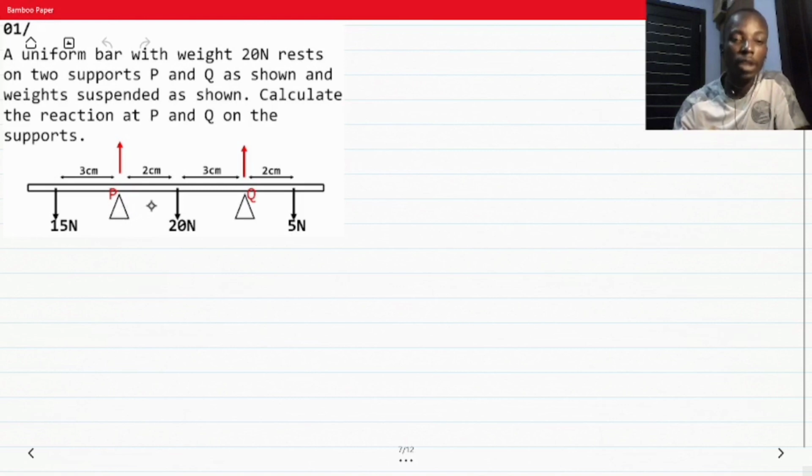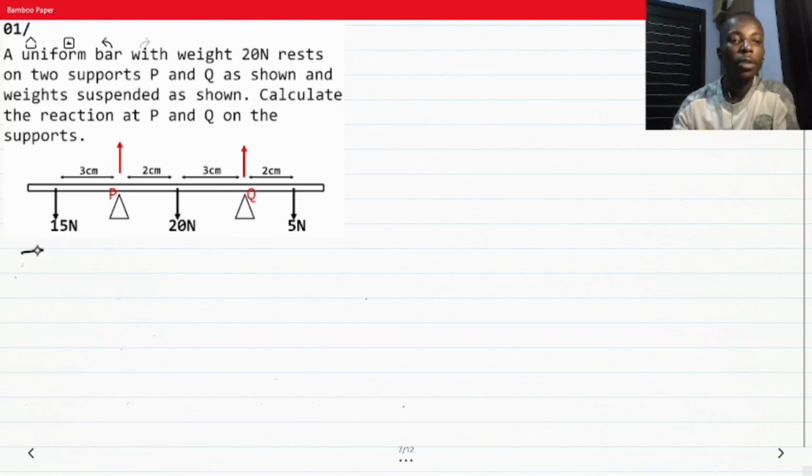So we are given the diagram. We don't have to draw a diagram here. So we are to find the reaction at this pivot, which is directed upwards.